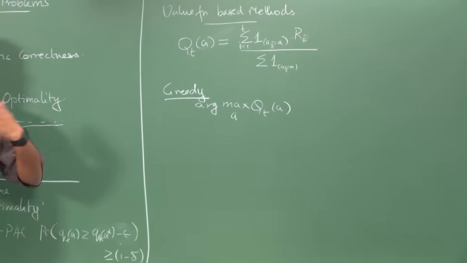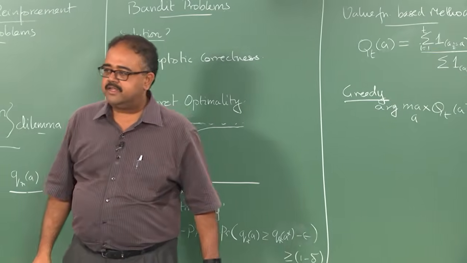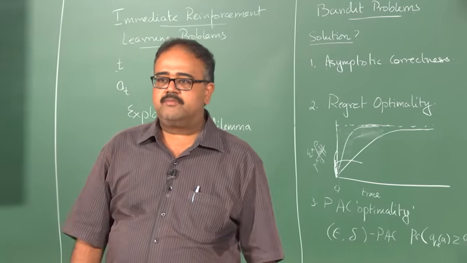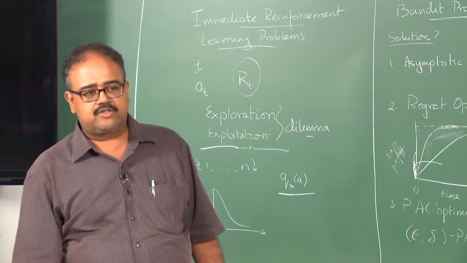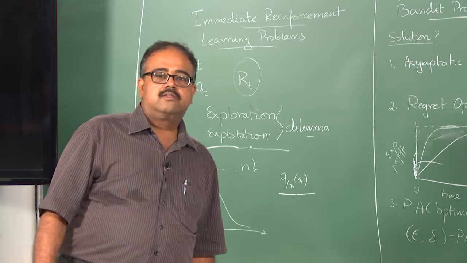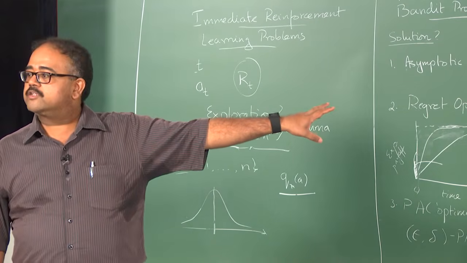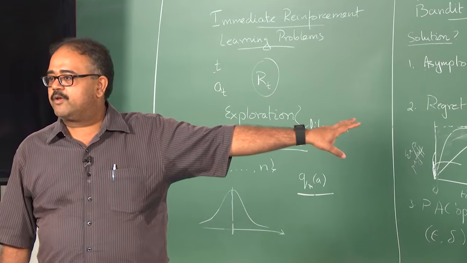Okay, so argmax is the action that gives me the max. I will take that action and use that as the action to perform at that time, right? Is that a good choice? Or alternatively, what does this choice correspond to? Exploitation. This choice corresponds to exploitation.